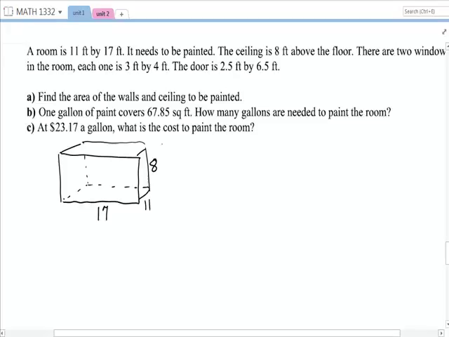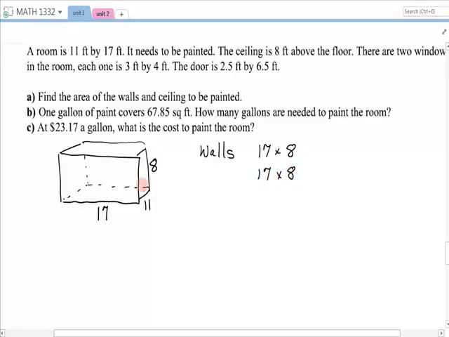All right. Walls. Do you agree that I have one wall that is, and you have to look up here to see it, that is 17 by 8? And that there is a wall directly behind it that is also 17 by 8.